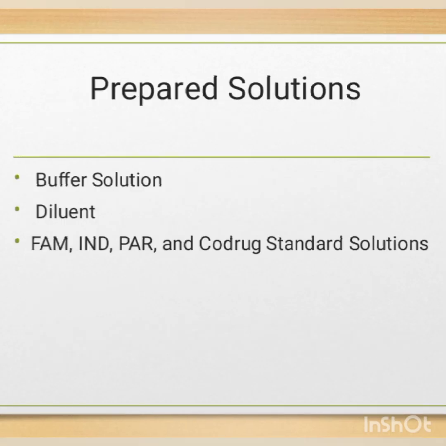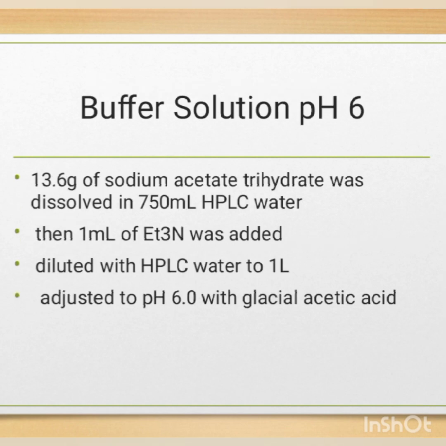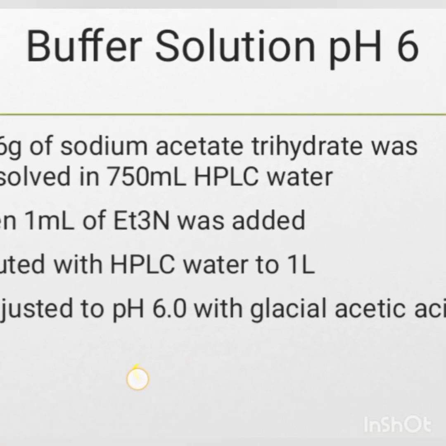Then in this process we need some prepared solutions. These prepared solutions are first of all buffer solution, diluents, and then all our core drugs FAM, IND, PAR, their standard solutions. So first of all we prepared buffer solution which has pH 6. 13.6 gram of sodium acetate trihydrate was dissolved in 750 milliliter HPLC water.